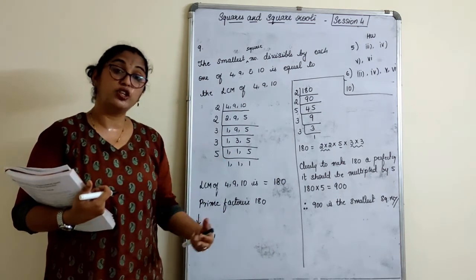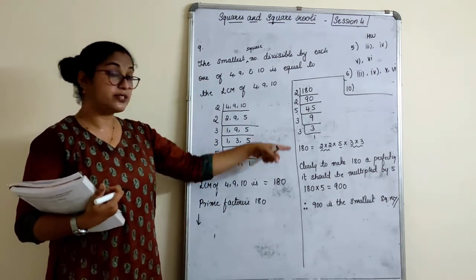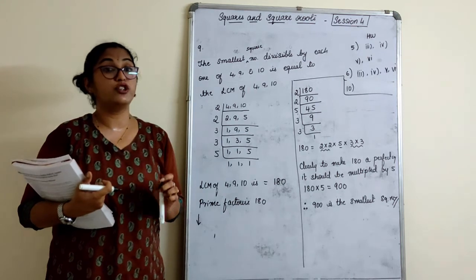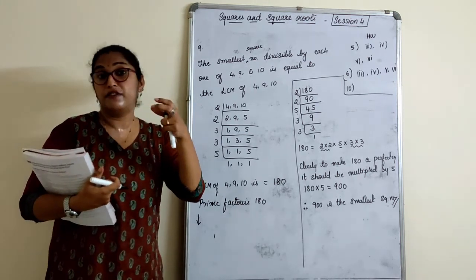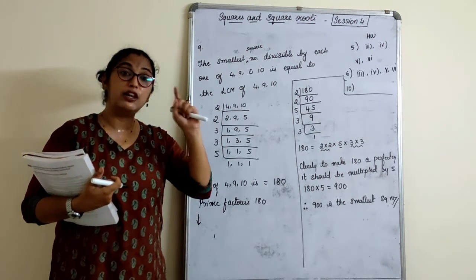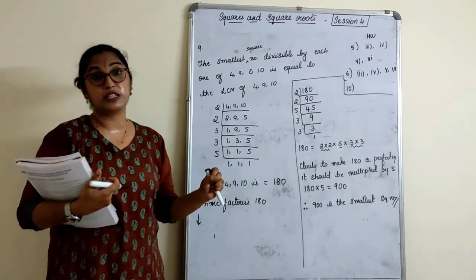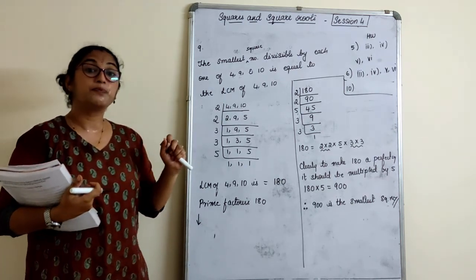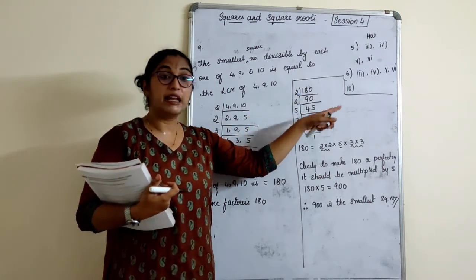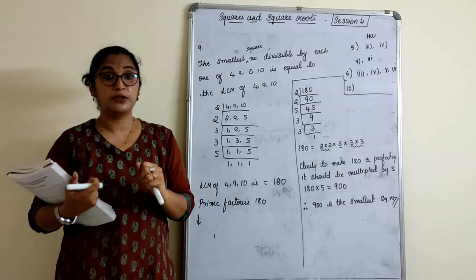So our next session will be finding perfect squares by the long division method, or division method, what we call. I think it will be the first time we will be studying a long division method to find a perfect square. Why did we introduce that method? Because this was very simple. This can be done if you have very small numbers, right?